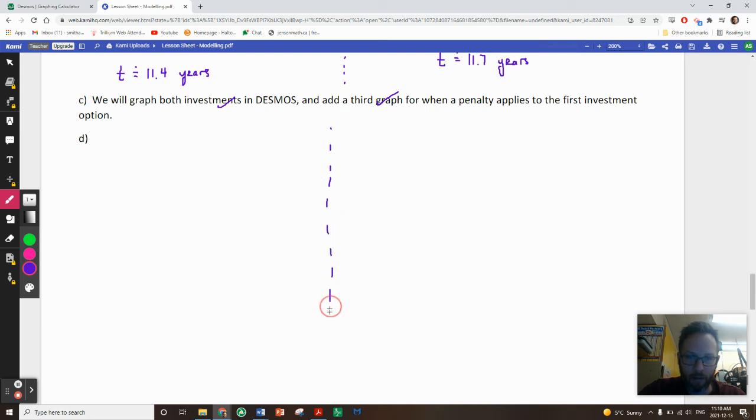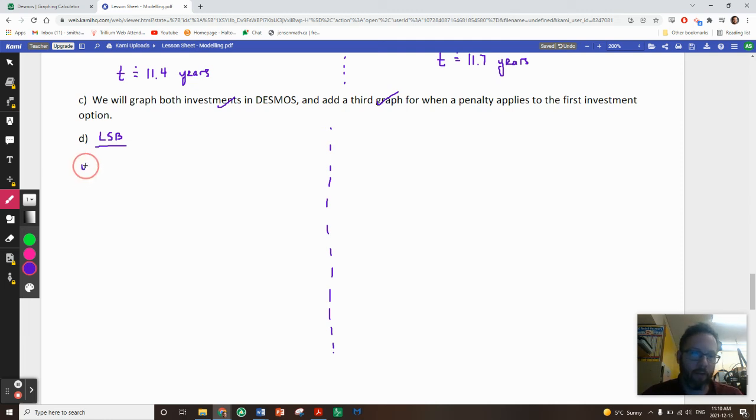Just split my screen down the middle here. So let's dive in. So let's do the Lakeland savings bond here, and this is important. We have to actually tie in.